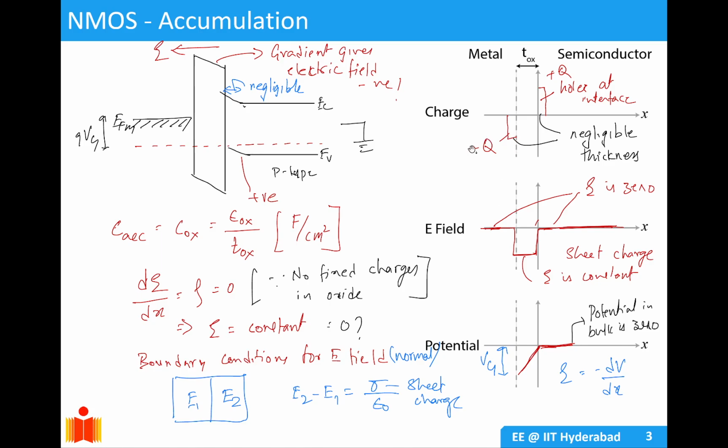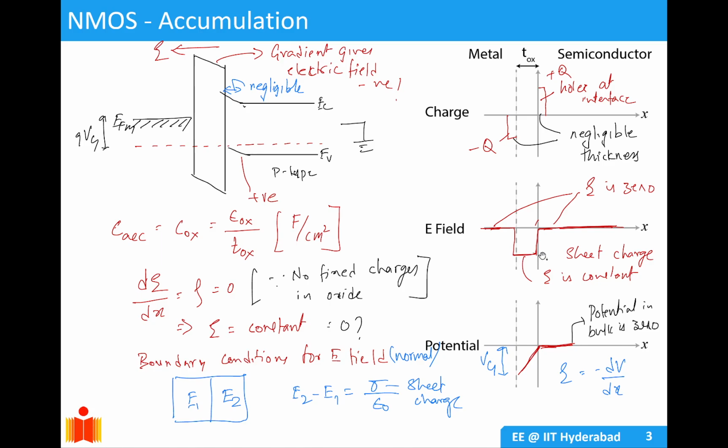If you want to draw the electric field, it is given by the integration of charges. There are no charges in the first region, so the electric field is zero. But at the interface it experiences a high negative charge, so it becomes negative.